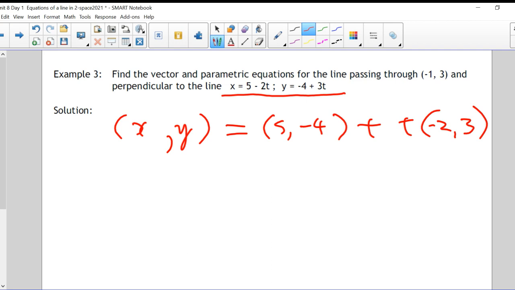Can anybody think of what that direction vector might be? So the direction vector we have now is minus 2, 3. Do you think you could figure out a direction vector that would be at right angles to that direction vector right now? Can anybody come up with a vector?